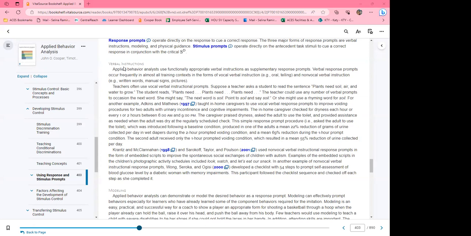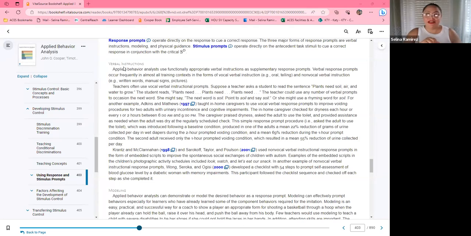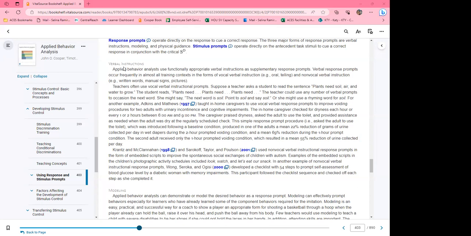They could become prompt dependent on that stimulus, on that response prompt. Yeah, perfect. So verbal prompts. I want to add also that verbal prompt is hard to fade when we're trying to fade the prompt.